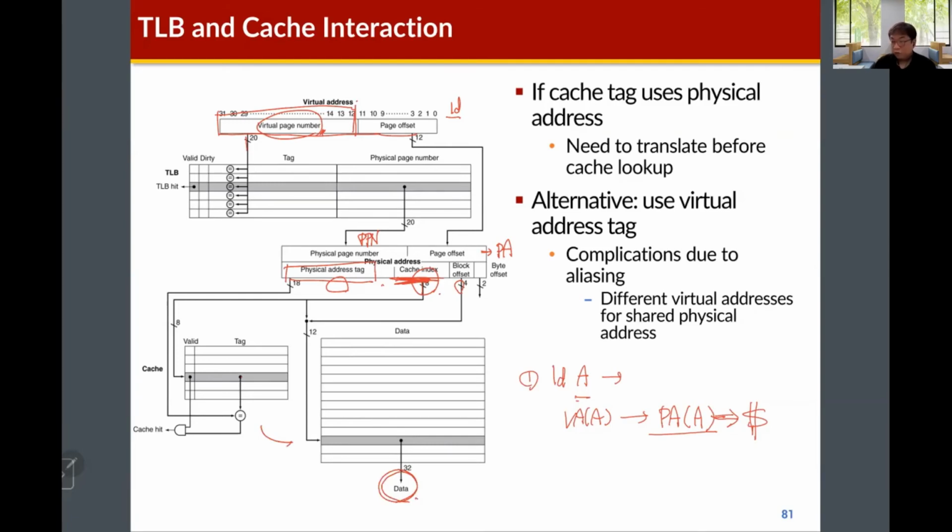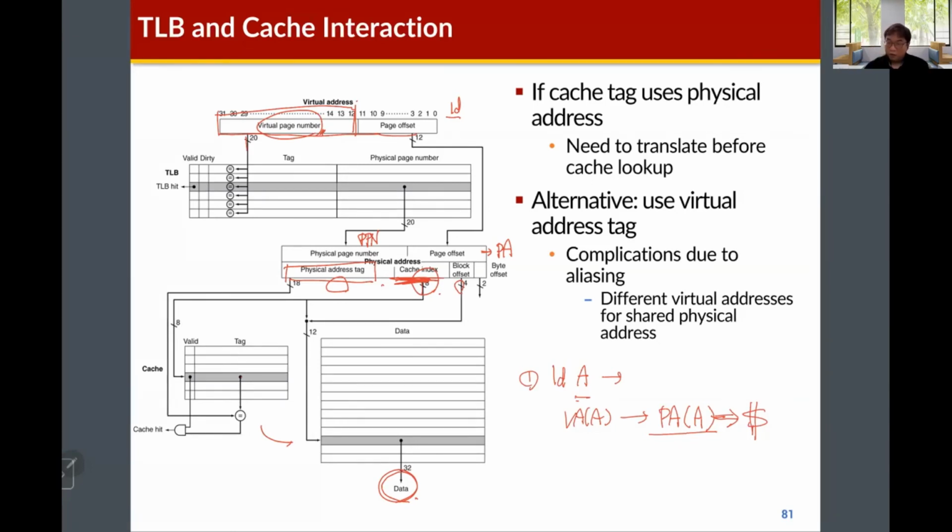So what is included? When we learned about the cache, we thought that the cache is accessed by the processor directly with the address of the load or store instruction. But that's not true, actually.